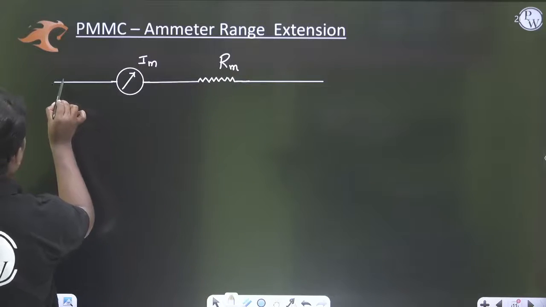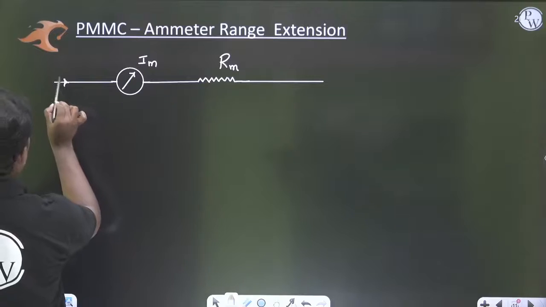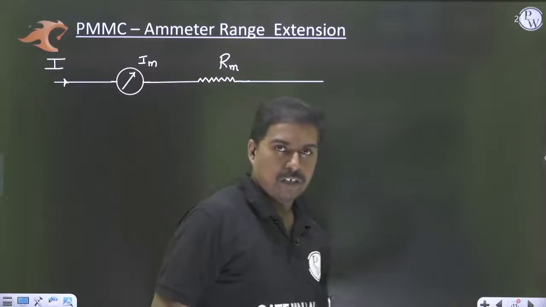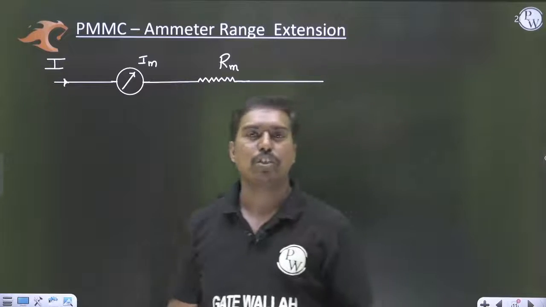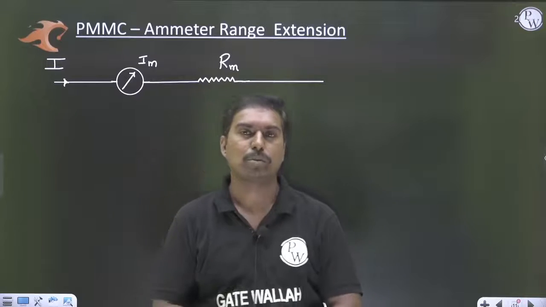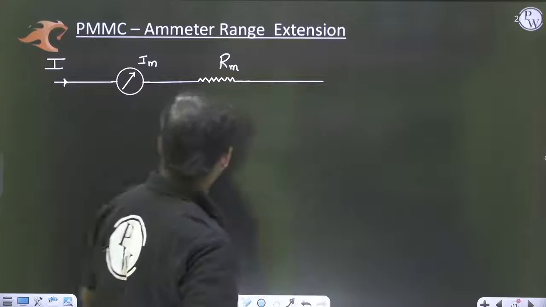Now, if you want to increase this current range from Im to I, suppose this is taken in milliamperes, I want to increase the range of this instrument from milliamperes to amperes. Then what happens?